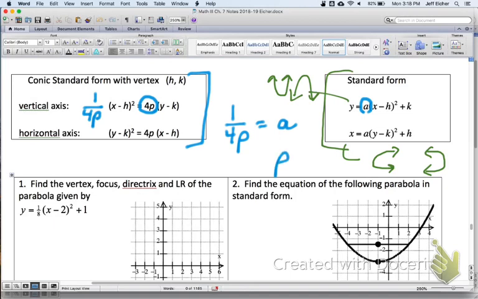Solving for that, rearranging things, gives us p equals 1 over 4a. I like to use this form on this side. Mr. Brack likes to use this form. But either form works, and whenever I answer things in this video, I'll be using the standard form on this side. Okay, so let's look at number 1.